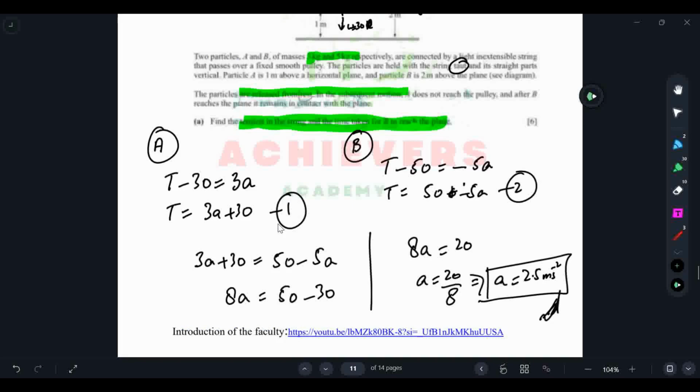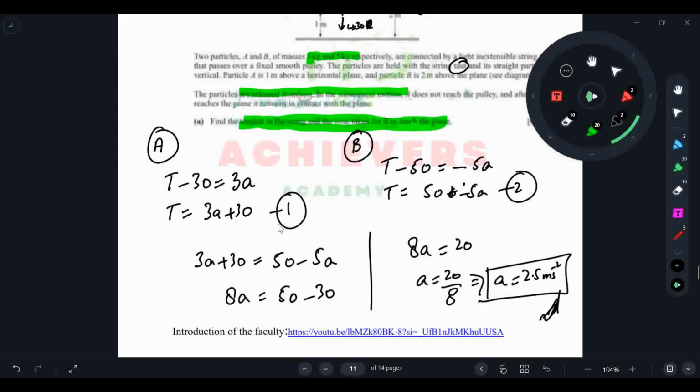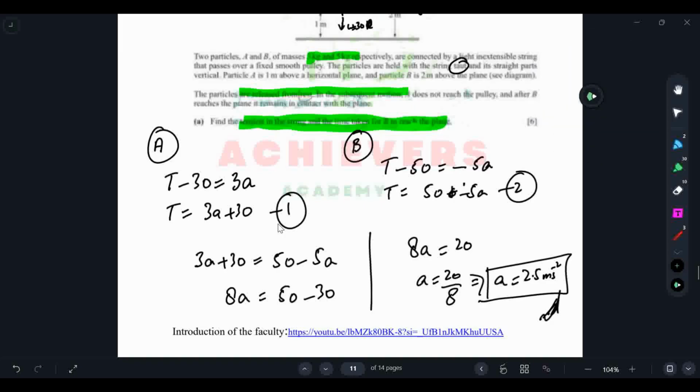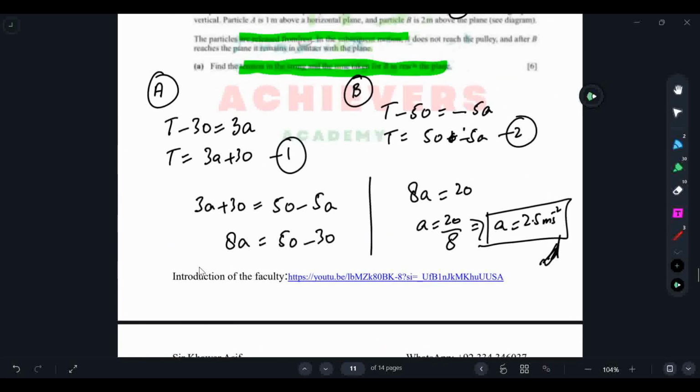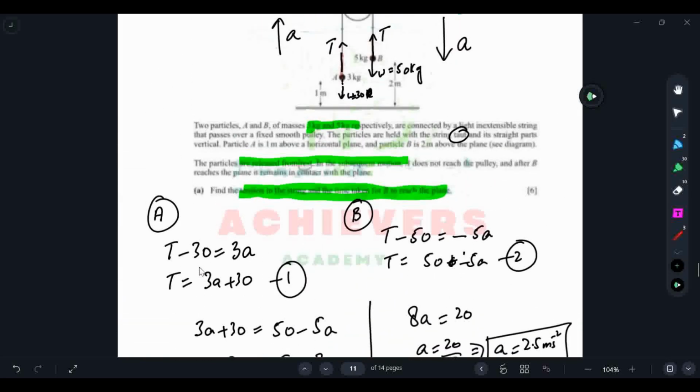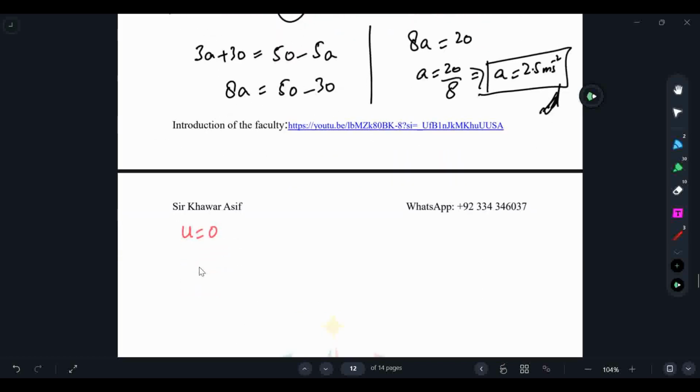Now find the tension in the string. We know that the initial velocity is 0, and the distance is 2 meters, because it's saying when B reaches the plane.